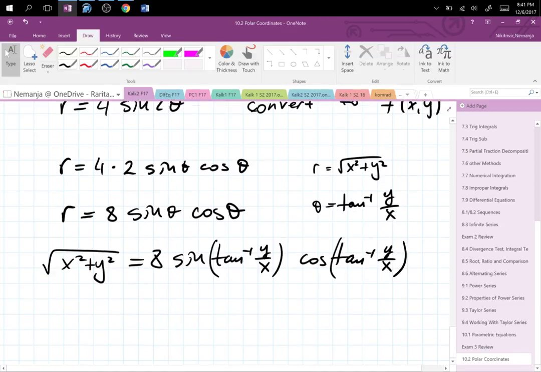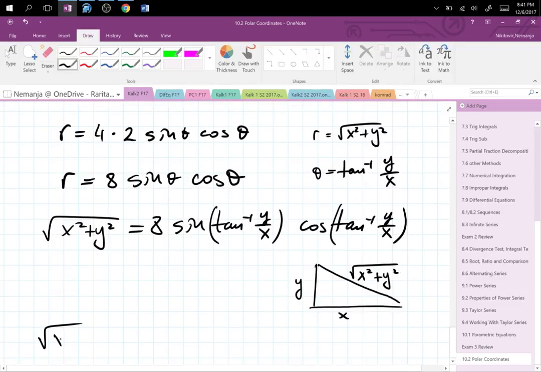Well, luckily we reviewed these types of problems last class, right? On Monday. You know how to deal with sine of inverse tangent. Exactly, very good. So you have your triangle, and you have your y, and you have your x, and this is going to be square root of x squared plus y squared, which is r.